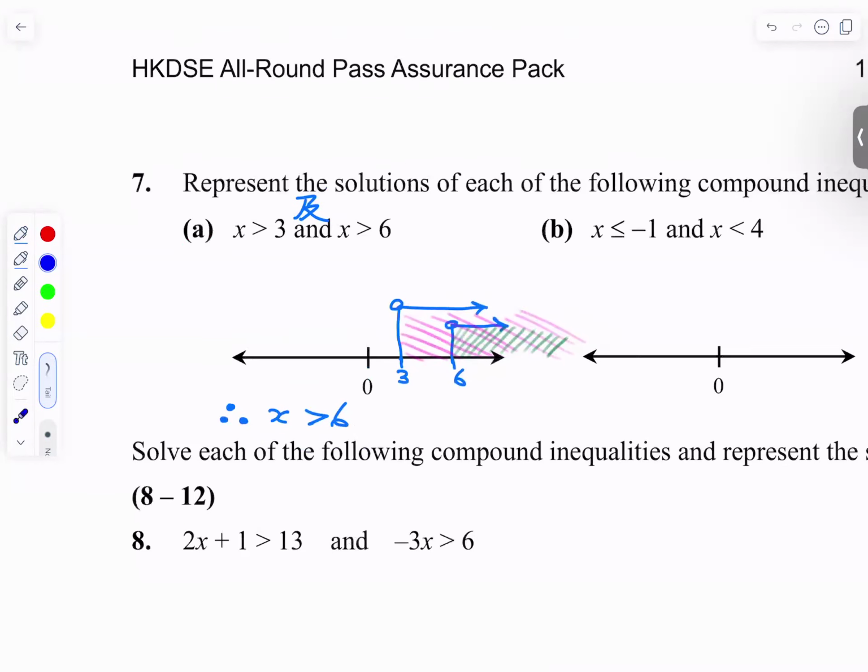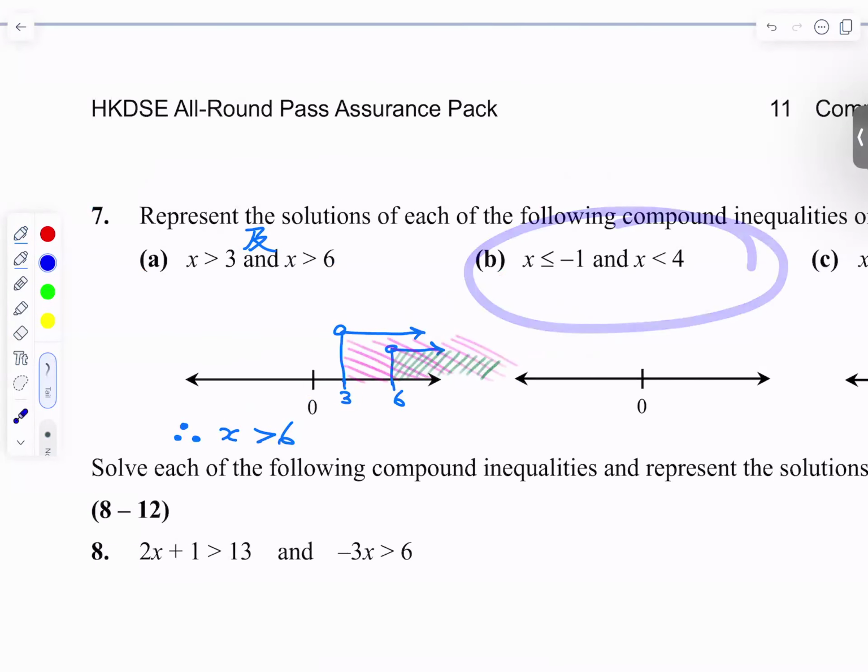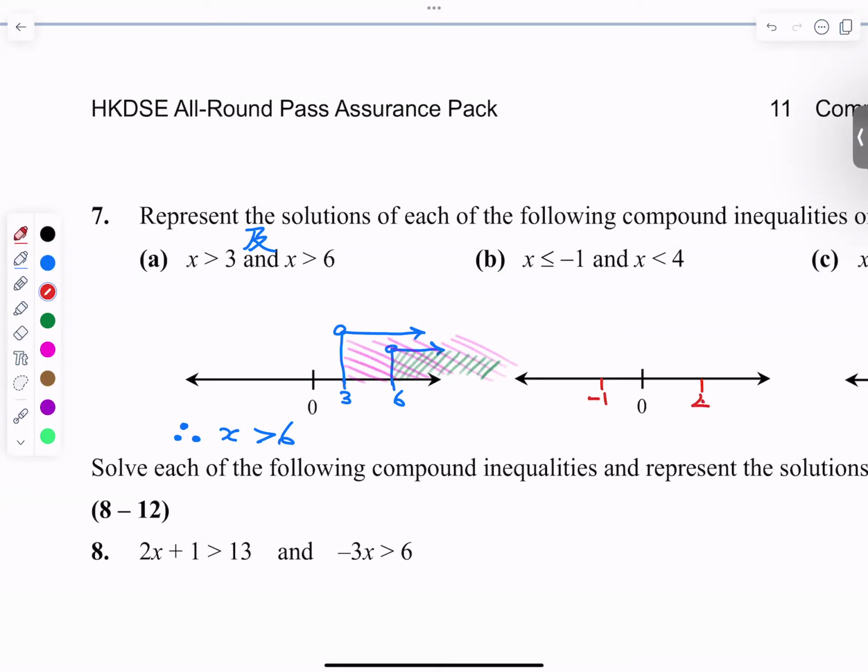Okay, so let's try this one. Drawing, one is negative, one is positive. Both of them are getting lesser. So where is the point that they both will be together? Of course, if you don't want to draw, it's also fine.